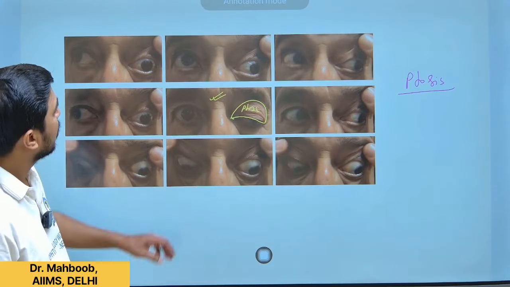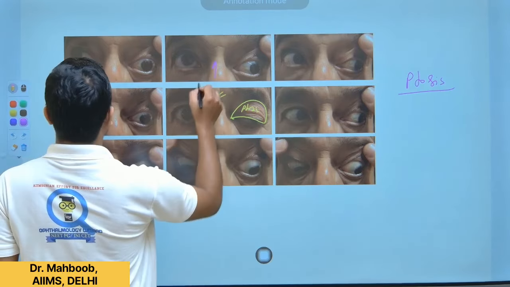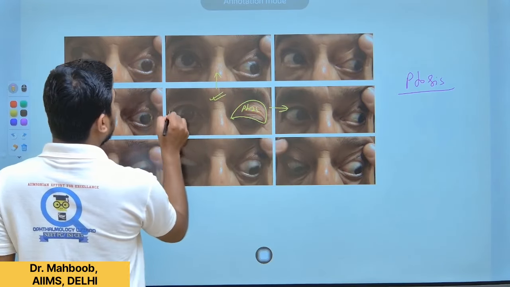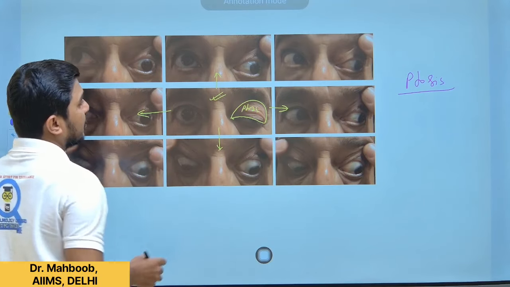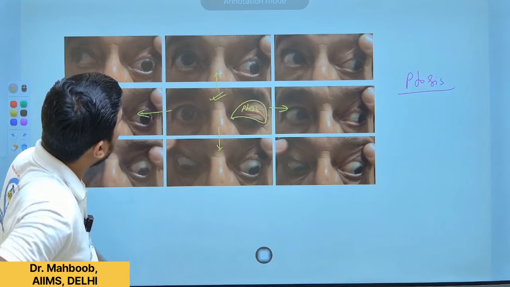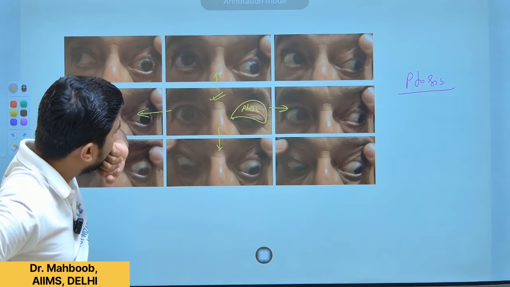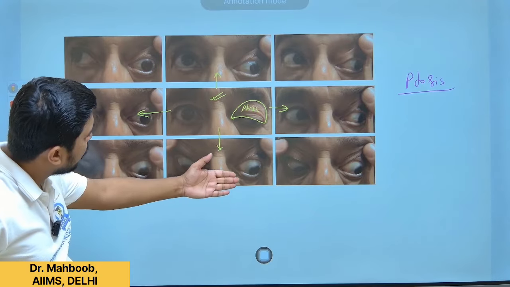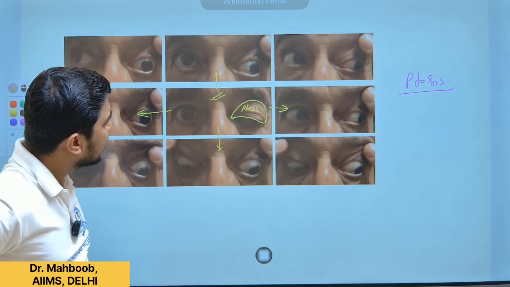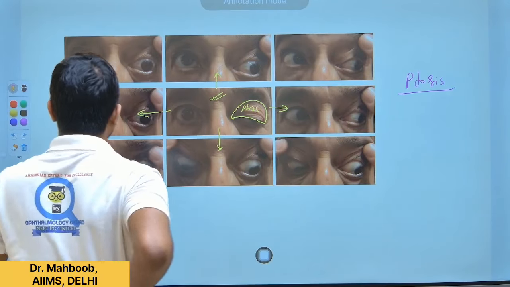Now you see these 4 images, this image, this image, this image, and this image. What is happening on the upper side? This cornea is moving up, but this is not moving up. On the lower side, both of them are moving up. Here on the left side, what is happening? Oh, good, this is also moving. This is also moving.